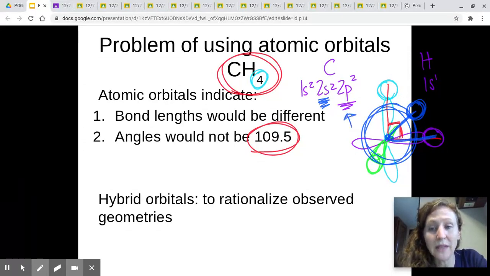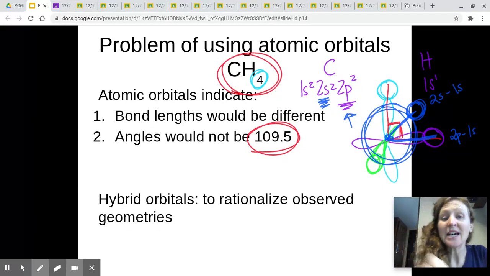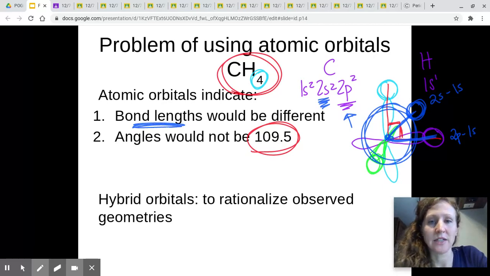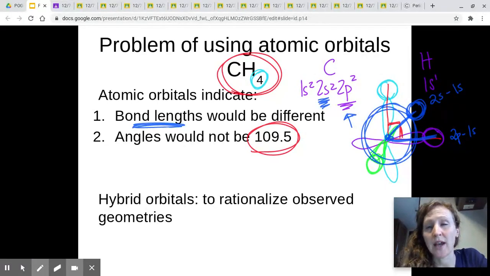So a 2p-1s overlap is going to be a different length than a 2s-1s overlap, right? So problem number 2, bond lengths are going to be different. So again, we see issues with using atomic orbitals to describe molecular bonding.